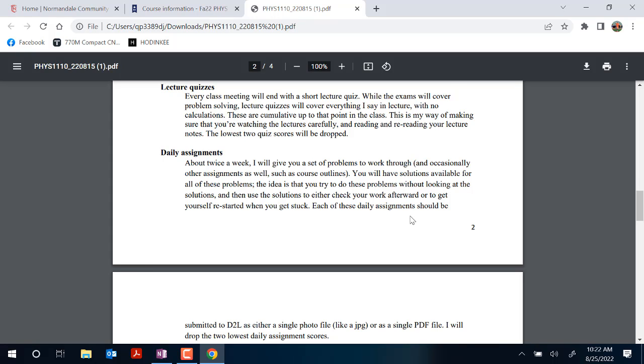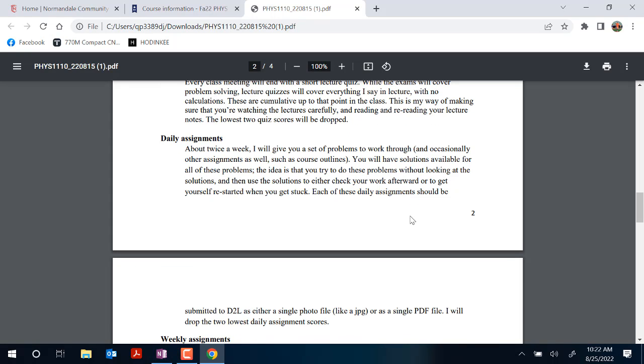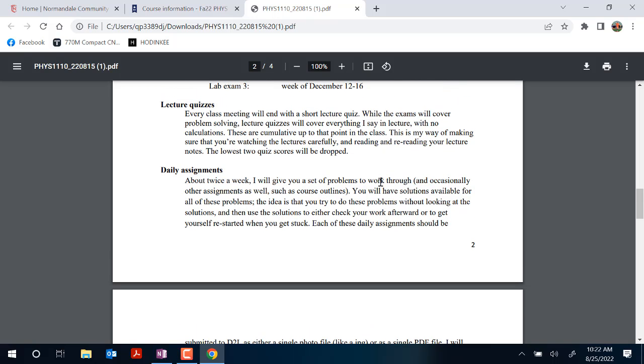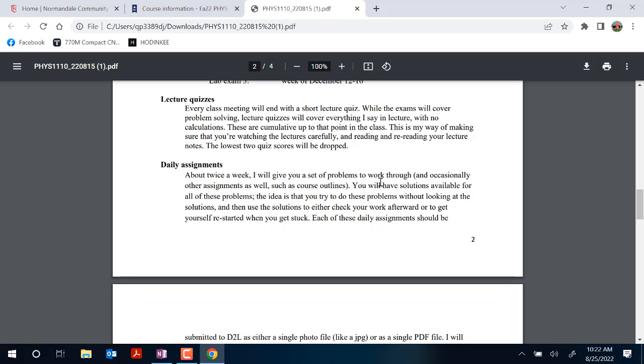These lecture quizzes are just my way of checking that you're doing that. Just periodically reviewing your notes, reminding yourself how I did things, what I said. Those are just going to be short answer questions about, what's Newton's second law, or big picture ideas that come up in the lectures.